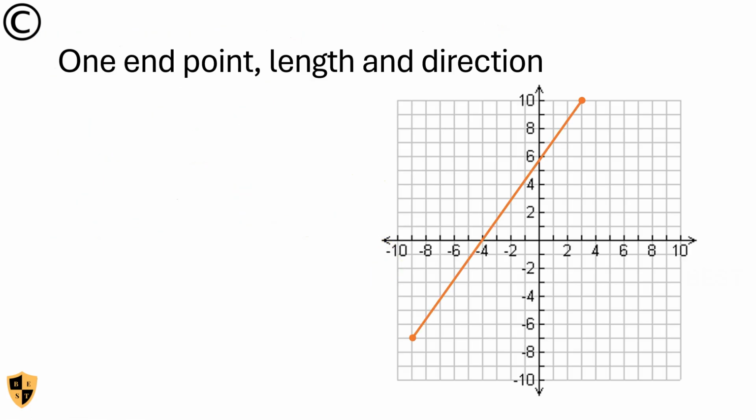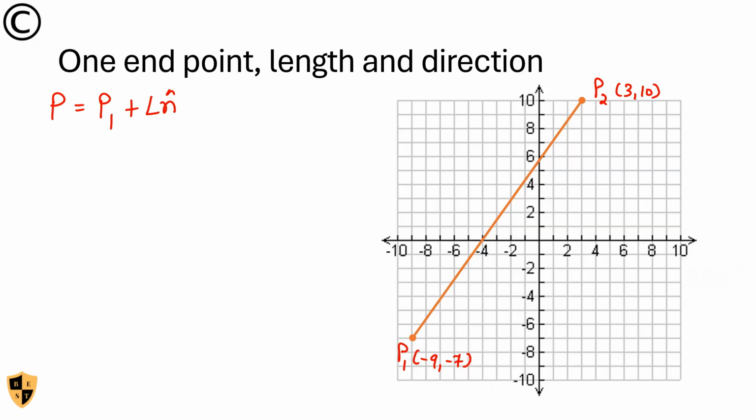Similarly, we can do the same exercise for the one endpoint, line and direction method, where the equation that we have seen for the parametric equation of a line is p equal to p1 plus l n cap. Now we have to find the length of the line and the unit vector of this line.